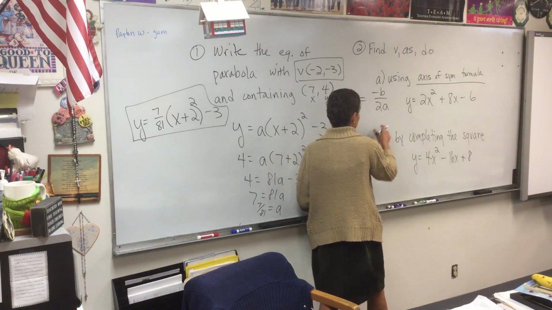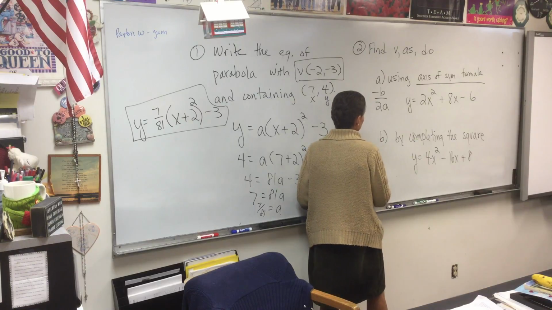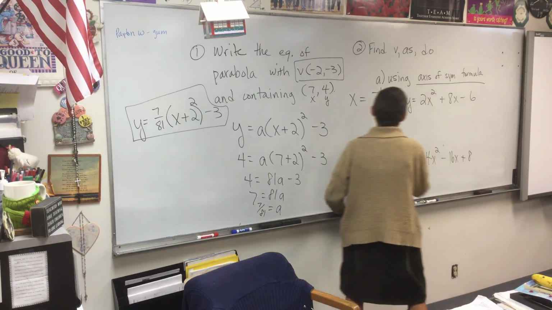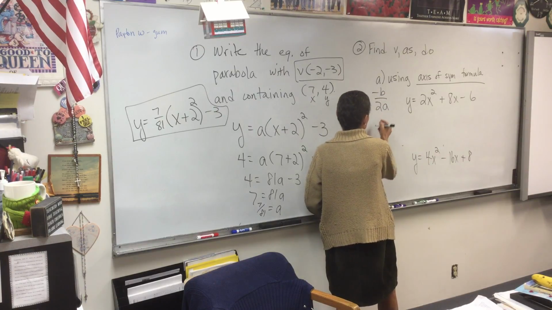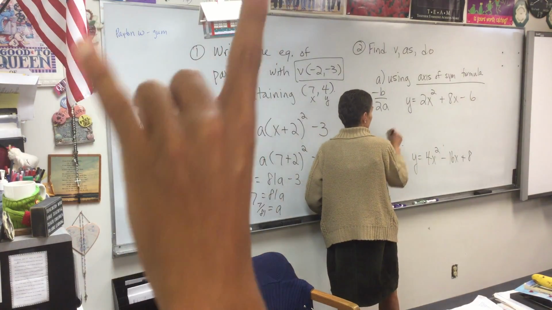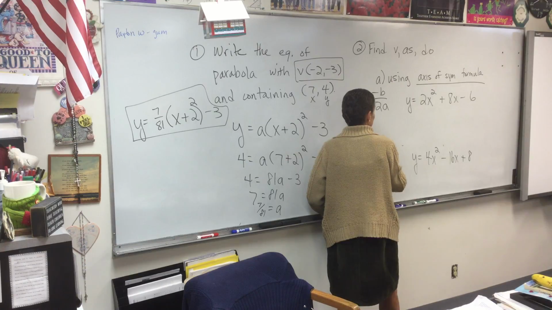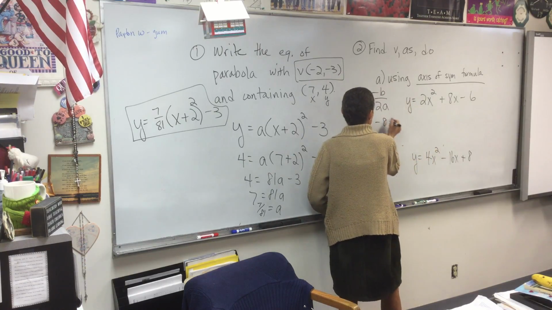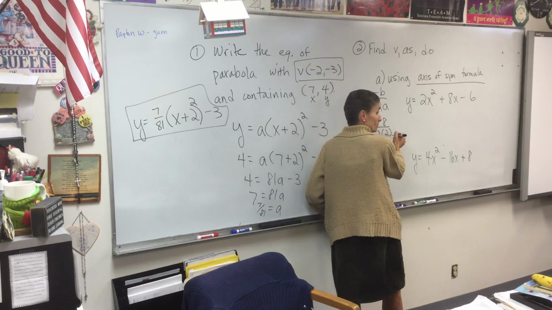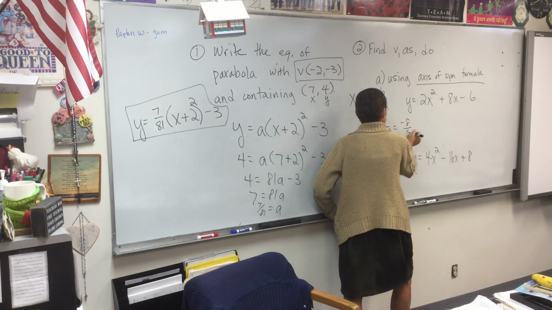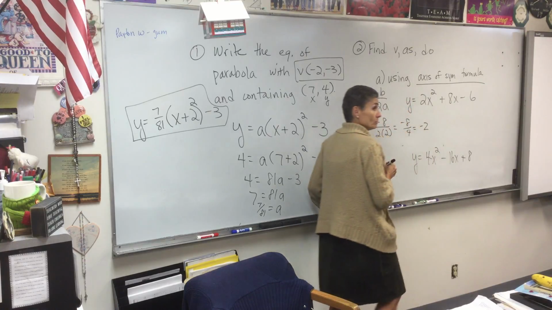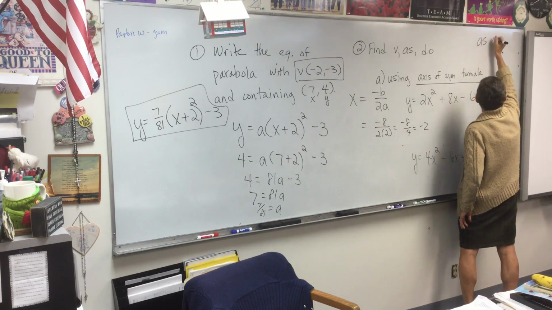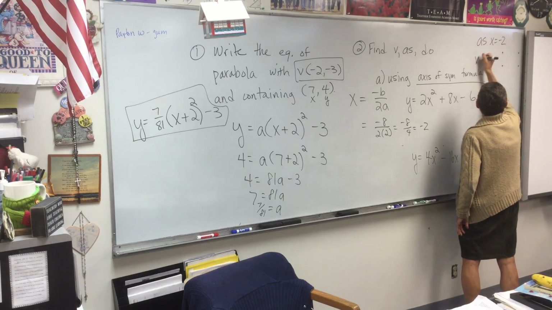I'm going to squeeze it in here, and now I'll erase all this and do this one. So for this problem, what would negative b be? Negative 8 over 2 times 2, which is negative 8 over 4. Did you get negative 2? Yes. So you wrote down my axis of symmetry is x equals negative 2.